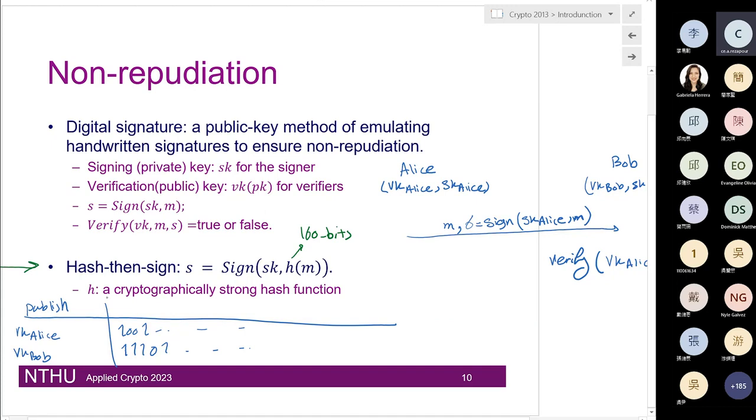But we have a condition here that the hash function has to be a strong cryptographic hash function. What is a strong cryptographic hash function, or cryptographically strong hash function?